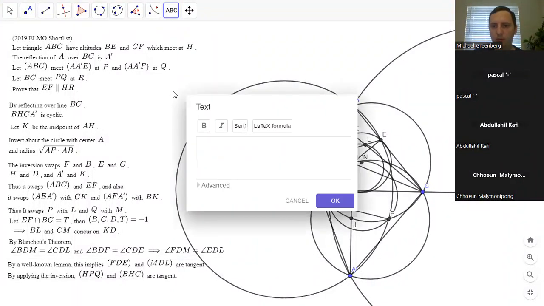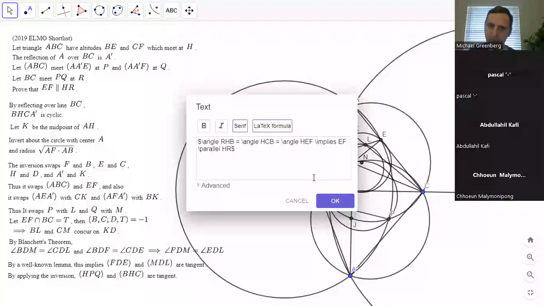So angle RHB equals angle HCB, which is angle HEF. Sorry. And that implies EF is parallel to HR. This is a fun one. Maybe, I don't know if we needed to use inversion, but it works.